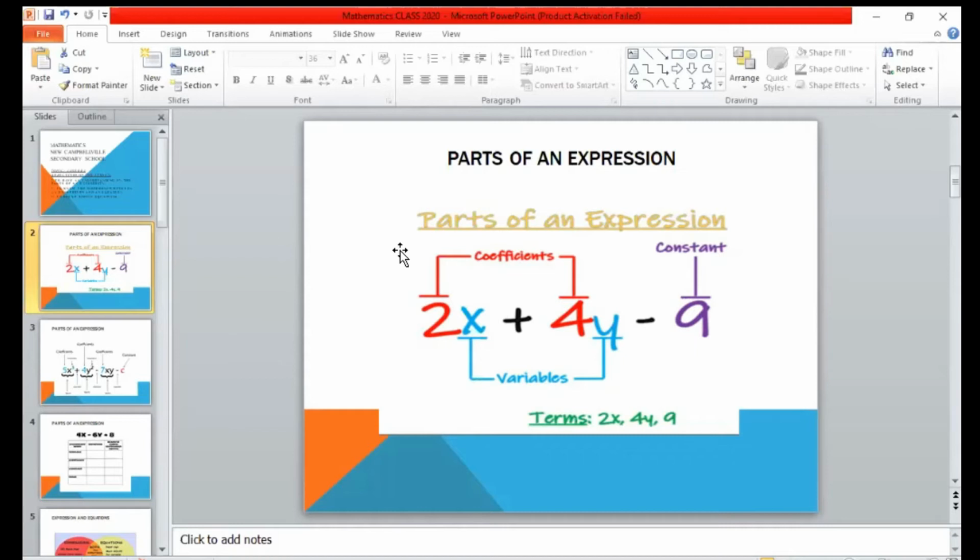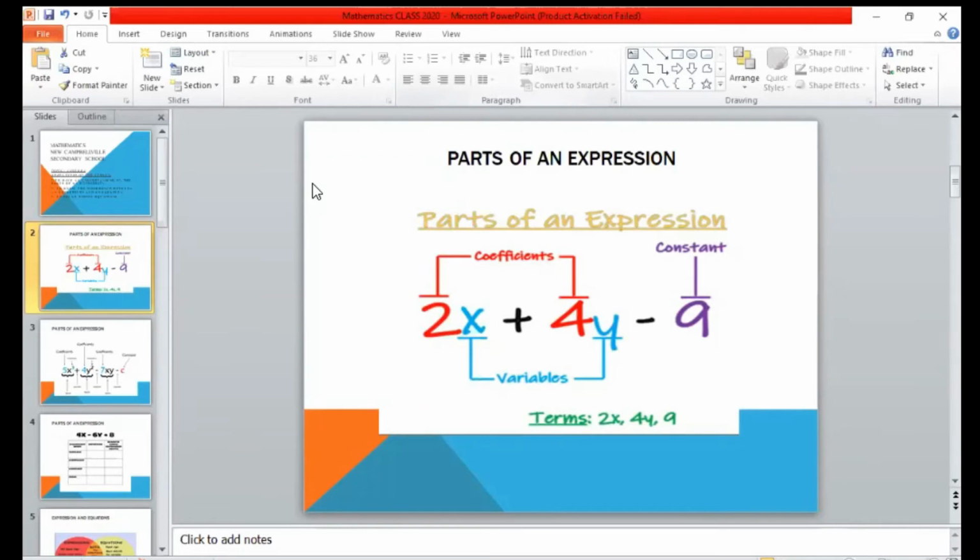There's no variable next to it. So the coefficient is the numerical term next to a variable, the literal or letter terms are known as the variables, and the number or letter that stands by itself is known as the constant.